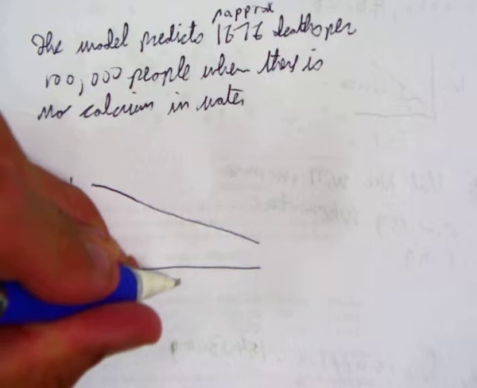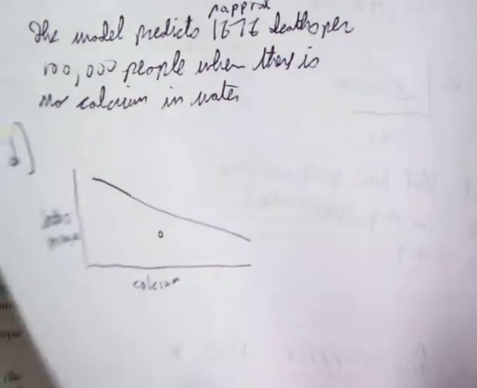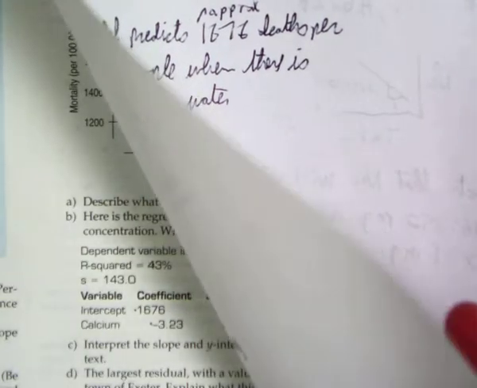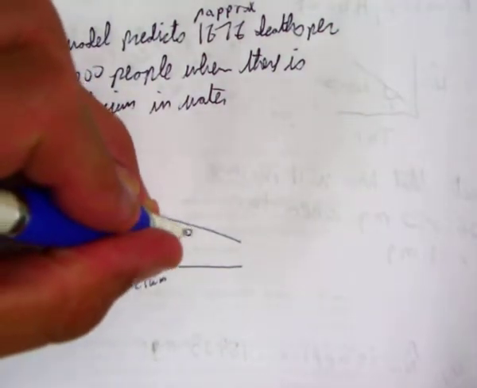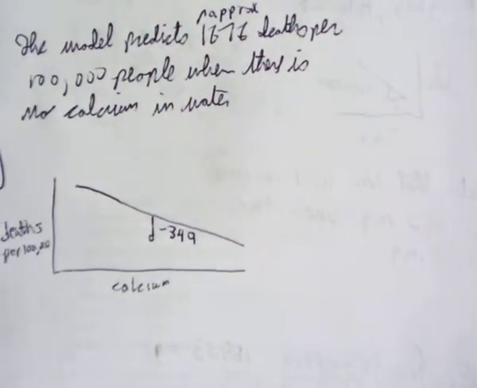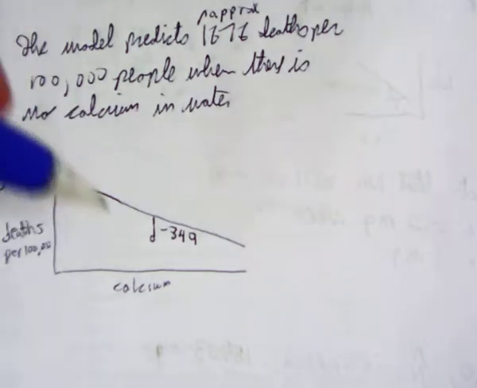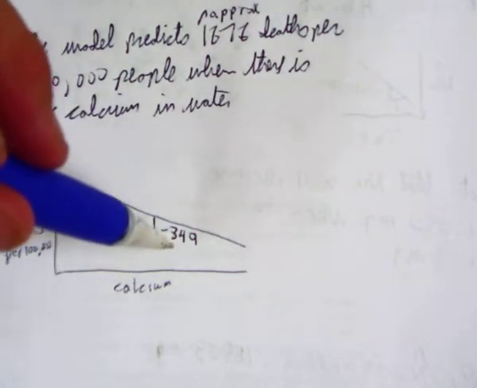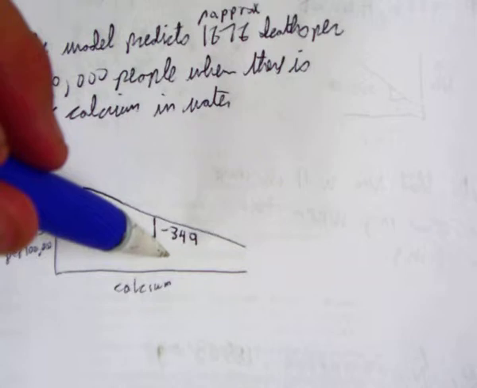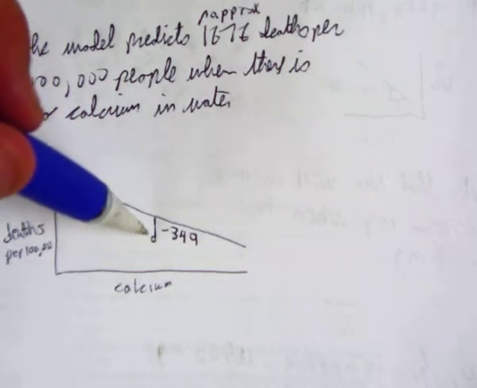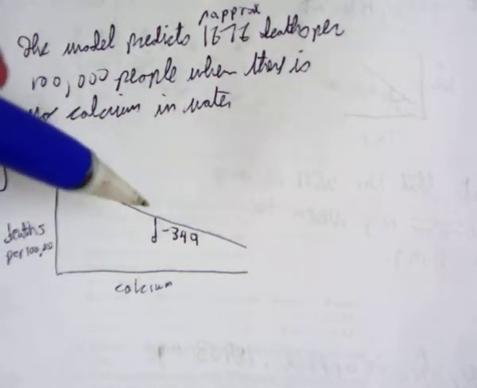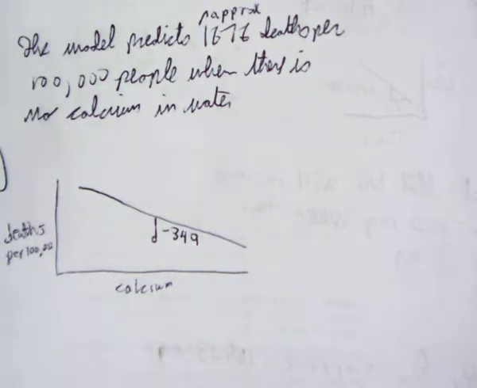So we have this residual that is about negative 349. What does that mean? Well, that means that in actuality we had 349 fewer deaths per 100,000 people than we predicted. So that's a good thing. It means fewer people died.